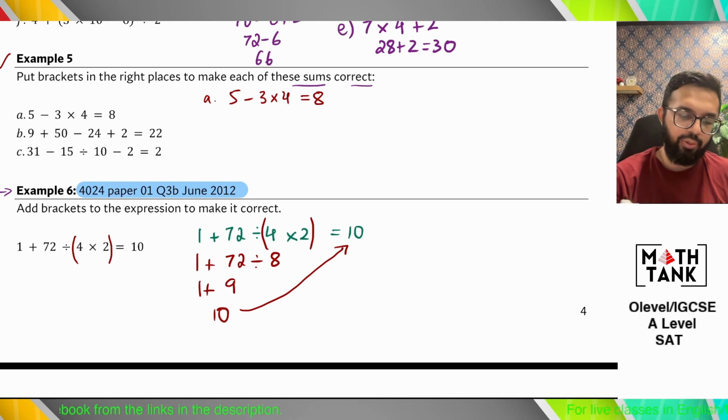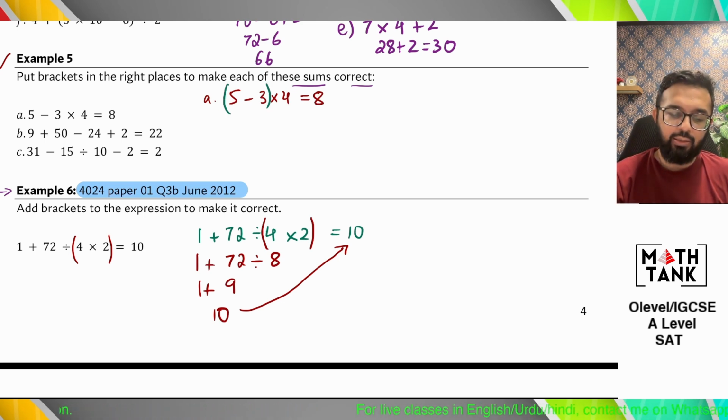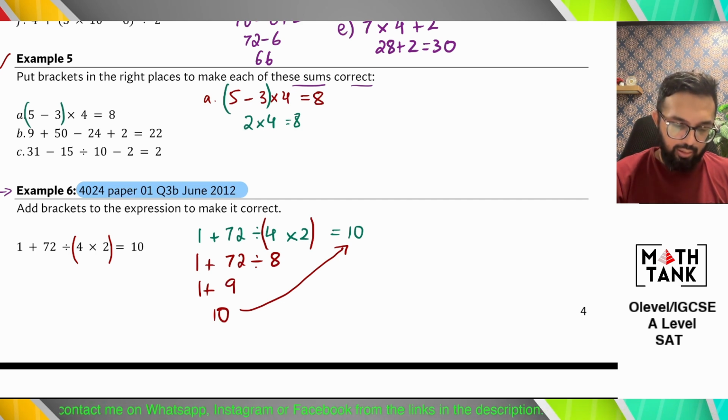Where should I put the bracket instead? I should put the bracket instead at this point and say that this becomes 2 into 4, 8. Okay, so with the brackets here. I think I may have missed a sign here. Let me check.